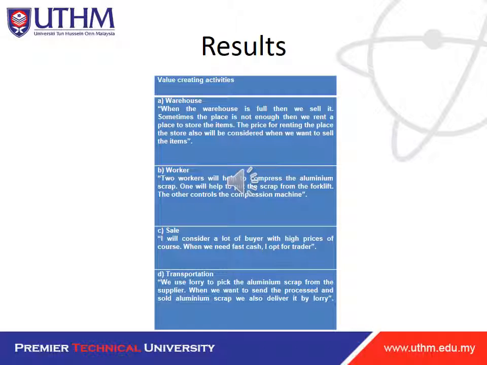The third one is sale, which is when they sell back the processed aluminum scrap. The fourth one is transportation in order to collect the aluminum scrap from the supplier, which is the construction site, and also to send it to the buyer of the processed aluminum scrap.